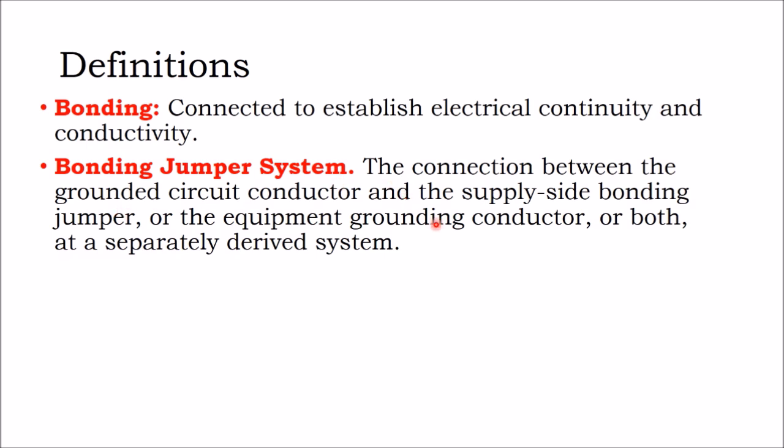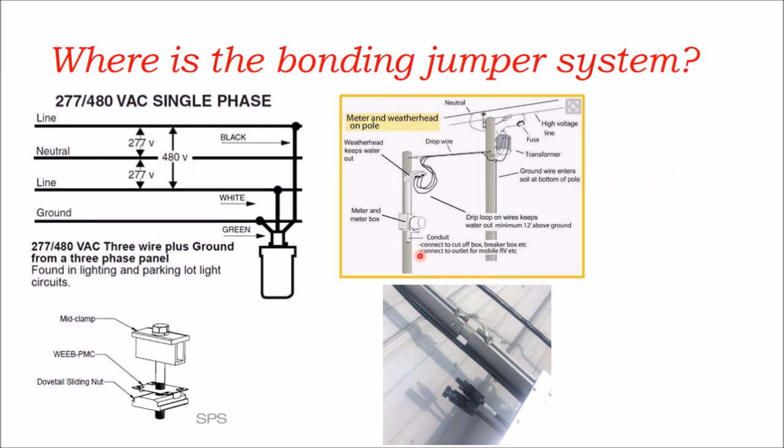So remember earlier we mentioned how the neutral is somehow connected to ground. Well, that's part of the bonding jumper system. Where the utility will connect the neutral to ground is part of the bonding jumper system.